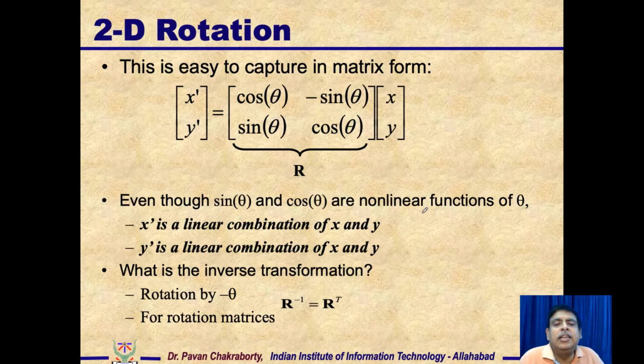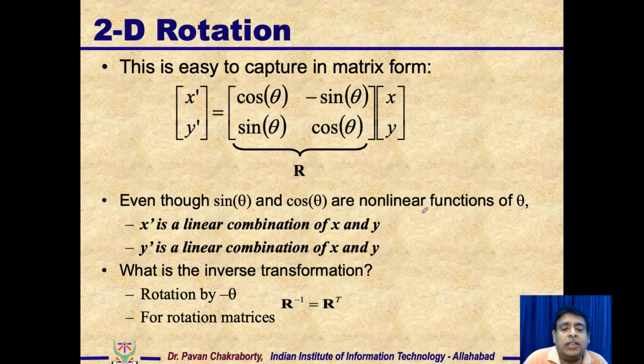Please note here that there is a sign change in the first line, that is minus sine theta. Even though sine theta and cos theta are nonlinear functions of theta, x prime is a linear combination of x and y, and y prime is a linear combination of x and y.